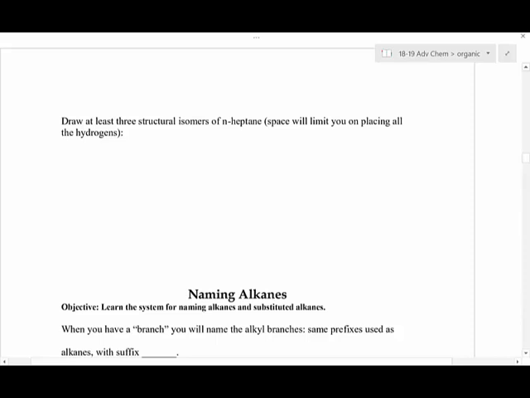Okay, welcome back. I'm going to draw a few isomers, and then I'm going to go back and systematically name several of them. My goal is to show you what an isomer is and to show you how to name them. So our first is going to have 6 carbons, 2, 4, 6, and then I'm going to add 1 there.